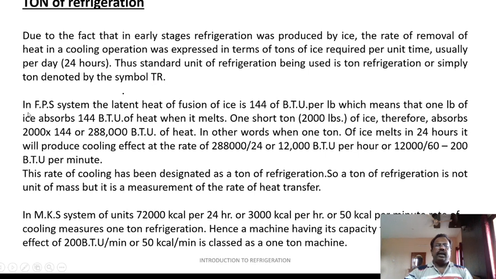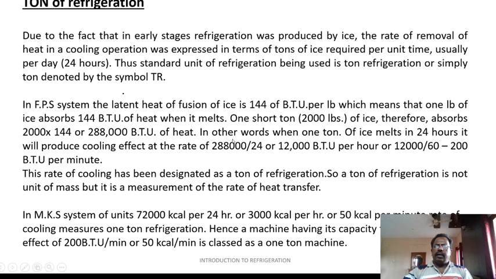In the FPS system, the latent heat of fusion of ice is 144 BTU, that is British thermal unit, per pound, which means that 1 pound of ice absorbs 144 BTU of heat when it melts. One short ton, that is 2000 pounds of ice, therefore absorbs 2000 into 144 or 288,000 BTU of heat.